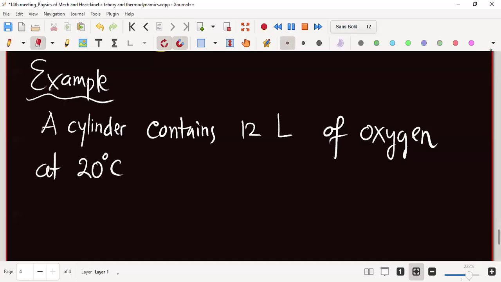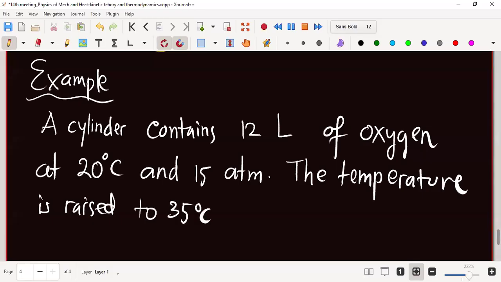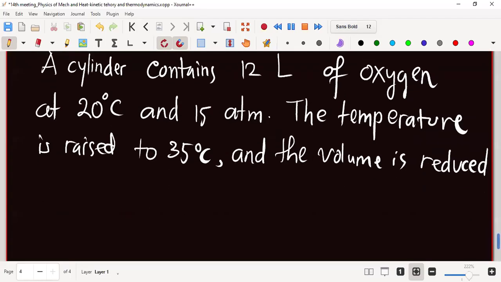The pressure is 15 atmosphere. And then the temperature is increased to 35 degrees Celsius, and the volume is reduced to 8.5 liter.